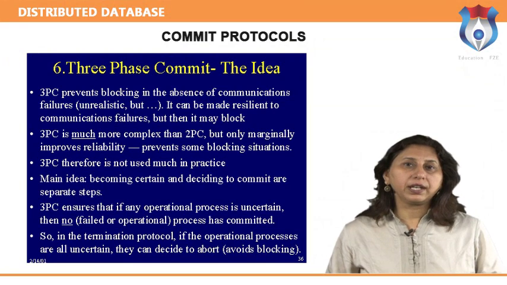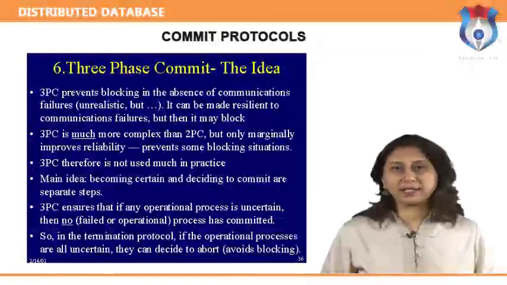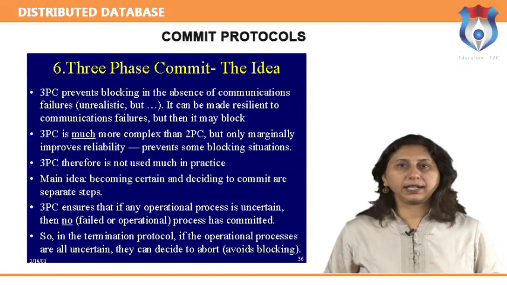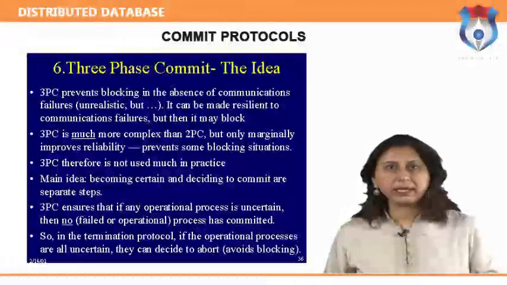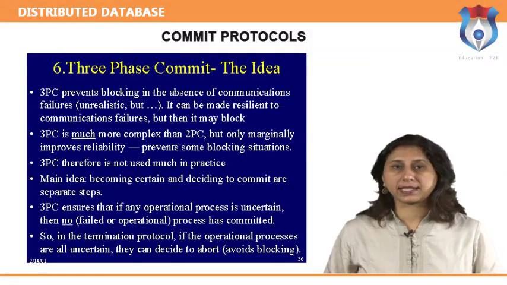Phase 2 of 2PC is split into two phases, Phase 2 and Phase 3 of 3PC. In Phase 2, the coordinator makes a decision as in 2PC, called the pre-commit decision, and records it in multiple, at least K, sites.